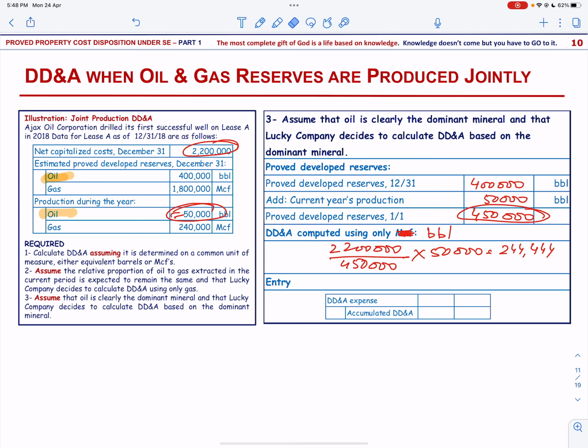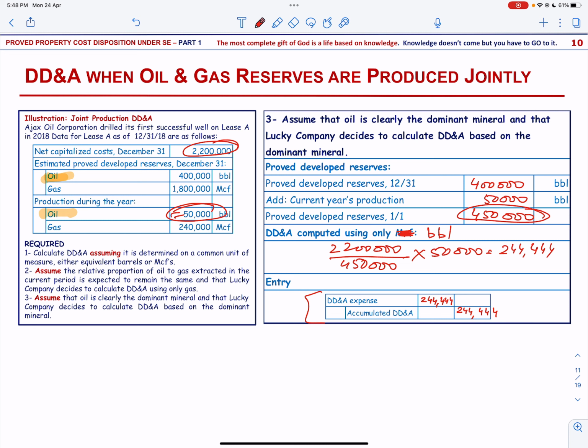The journal entry to record depreciation will be DD&A expense debit 244,444, and accumulated depreciation credit 244,444. Okay.